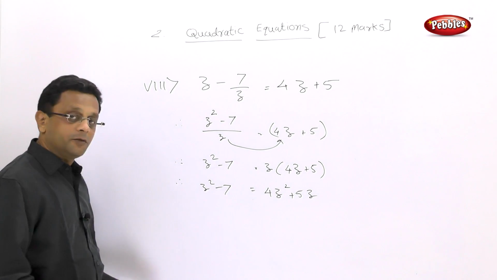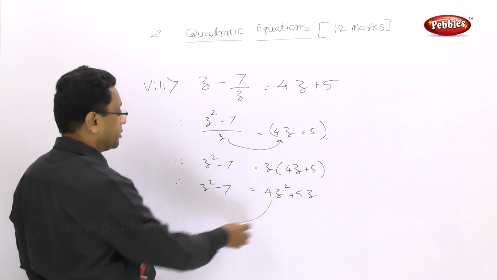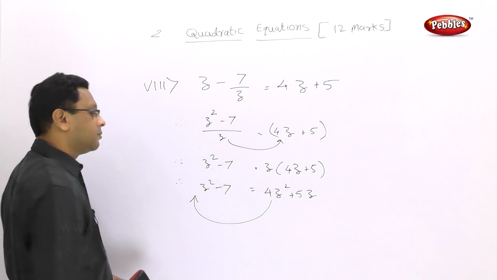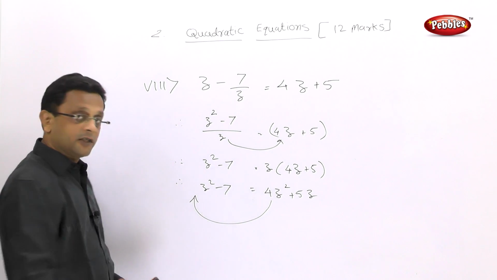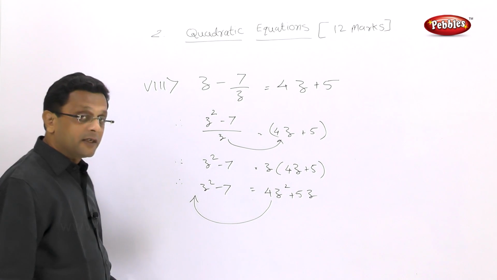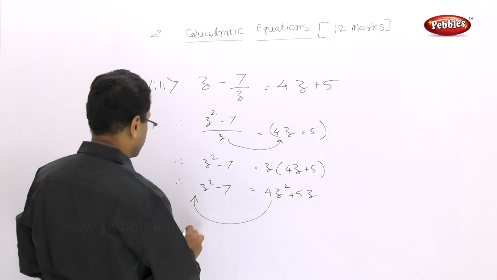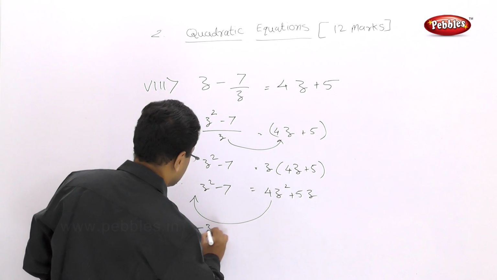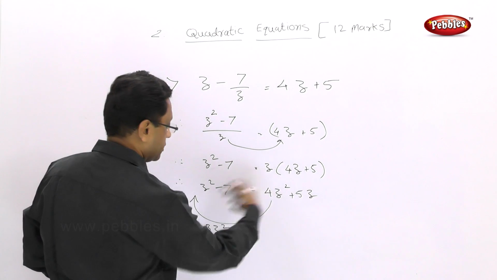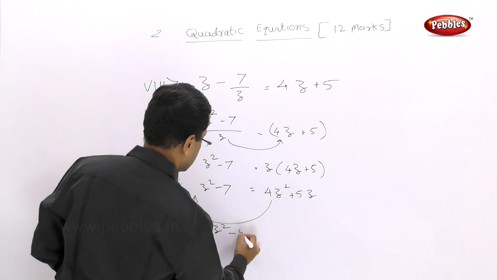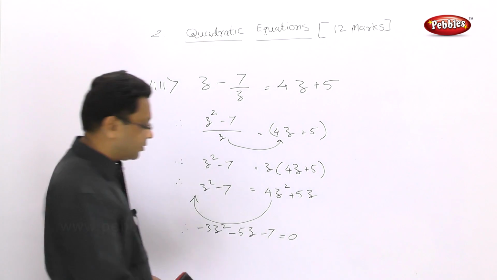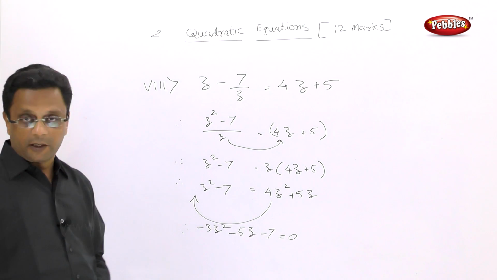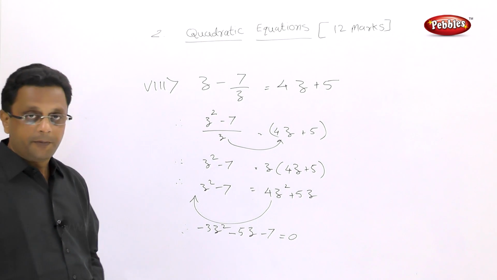Now very simple, when this 4z square comes here, the equation will be minus 4z square plus z square, minus 3z square. So it will be minus 3z square minus 5z minus 7 equal to 0. This is a quadratic equation.